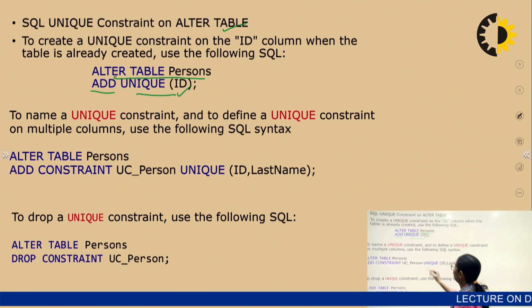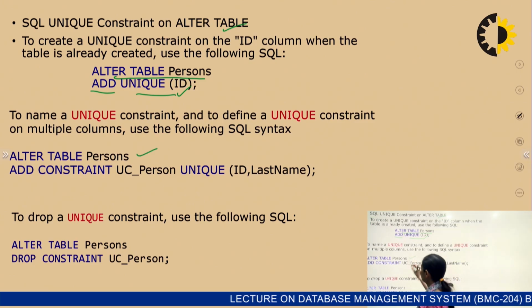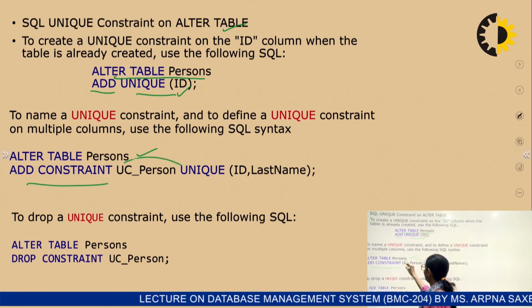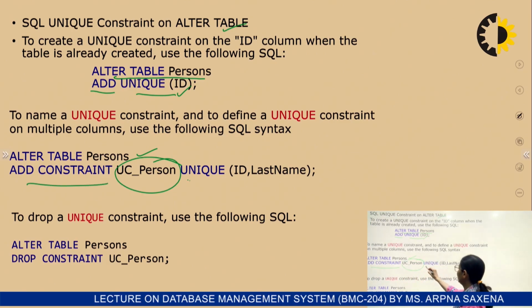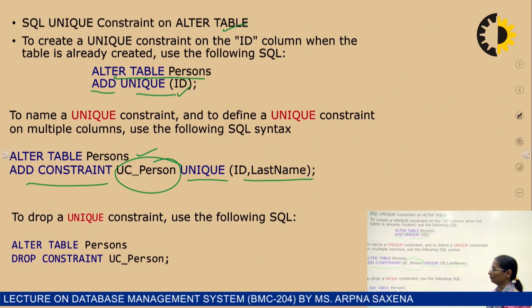To name a unique constraint and to define a unique constraint on multiple columns, we can use this alternate SQL syntax: alter table, then table name, add constraint, I give the constraint name here, then the keyword unique, and multiple column names.